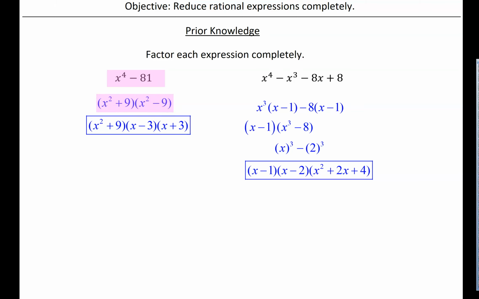But you may recall that in addition to that, first factoring into binomials, we have to examine the subtraction factor to see if it is also a difference of two squares. And here we can see x squared minus 9 factors into x minus 3 and x plus 3, whereas x squared plus 9 would be a prime binomial factor, and so it remains the same.